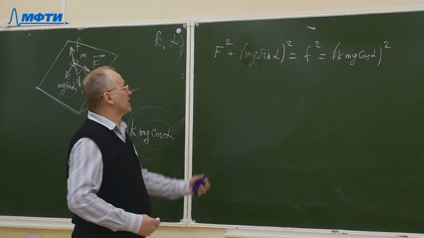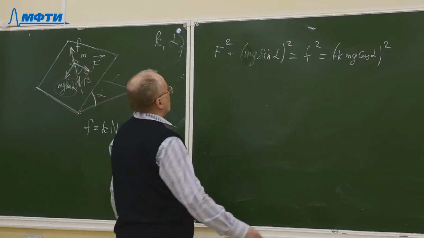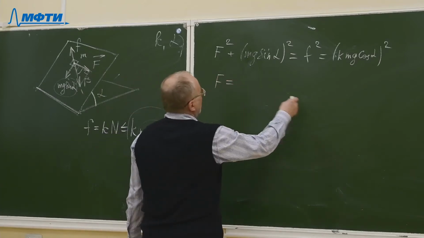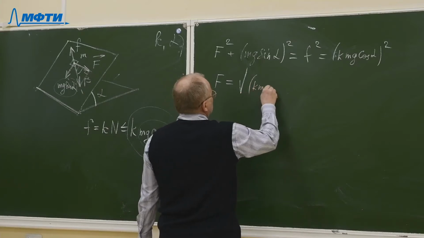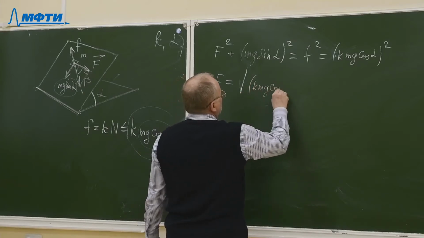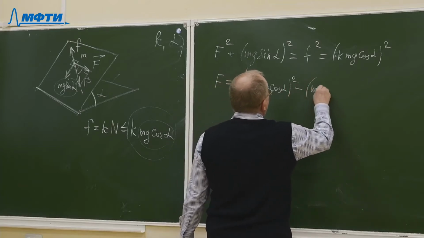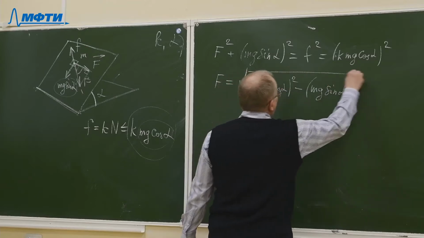Based on this idea, we can write the Pythagorean theorem for this right triangle. And now the force of friction will be found from here as the square root of (kmg cosine alpha) squared minus (mg sine alpha) squared.